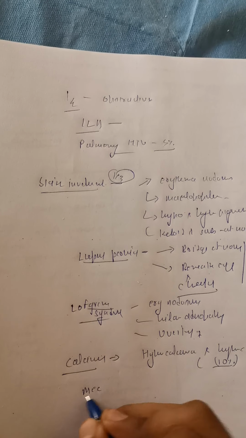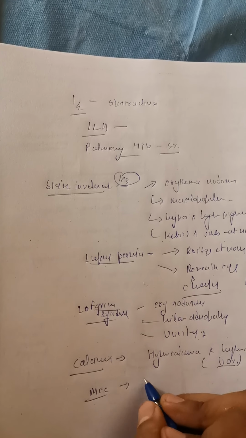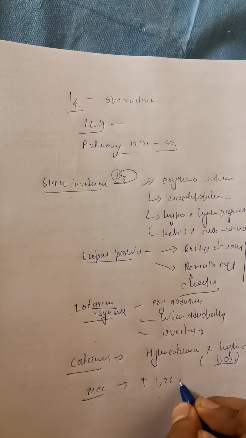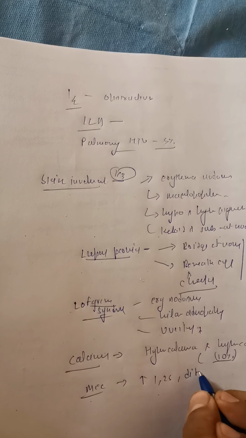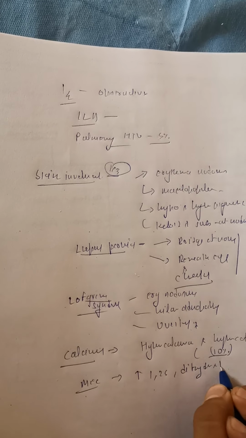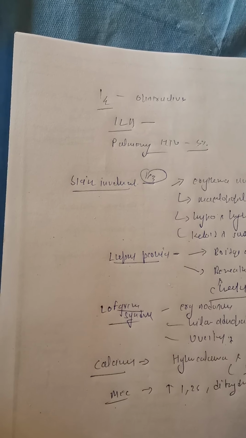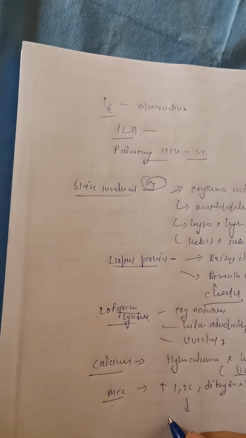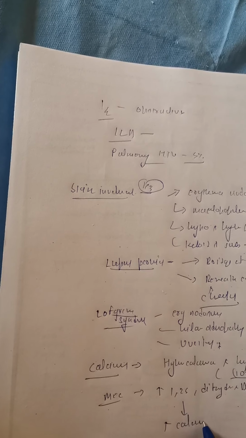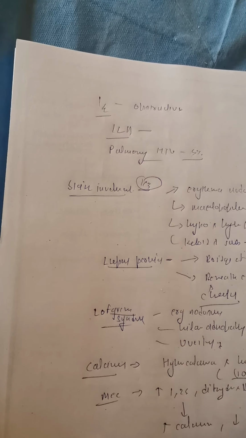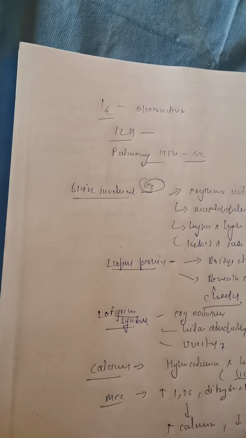The mechanism includes release of 1,25 dihydroxy vitamin D by the granuloma itself, which leads to increased calcium and decreased PTH due to negative feedback.